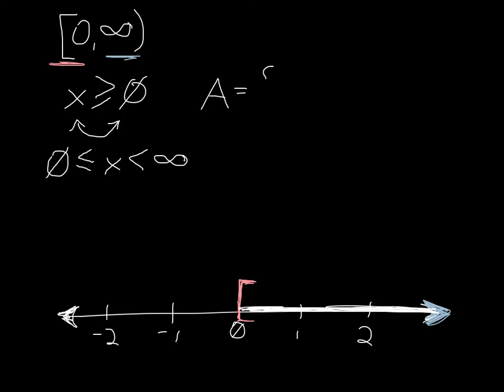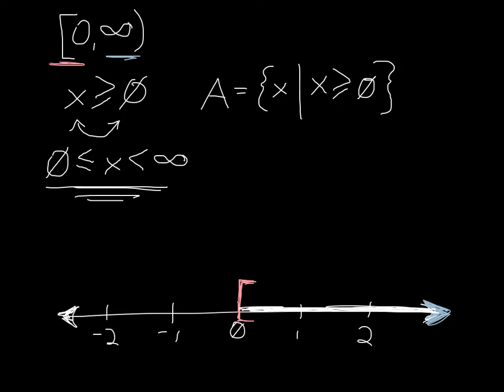I will use the shorter one. And again, if we really want to force the issue, we can convert this into an intersection notation, just like we've done all the others. 0 is less than or equal to x, intersection x is less than infinity.